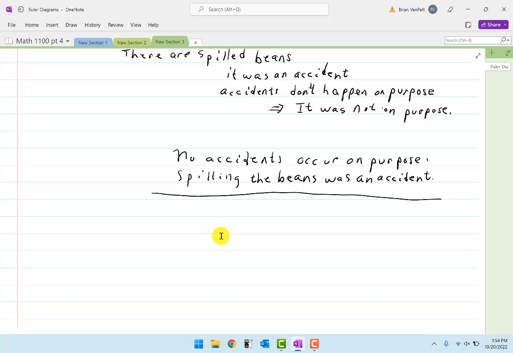Therefore, the conclusion. I many times write this little symbol, although the book doesn't. Those three little dots are some sort of mathematical symbol for indicating therefore, or it might not even be math, it may be logic that has used those. Therefore, the beans were spilled on accident.